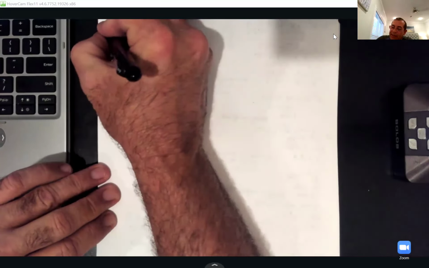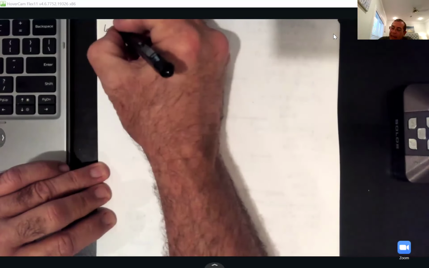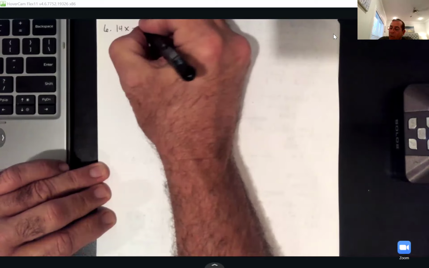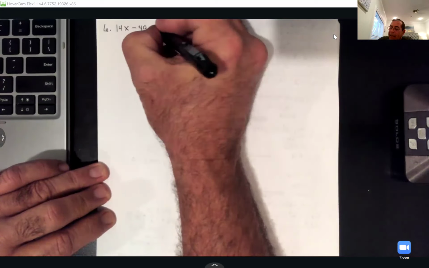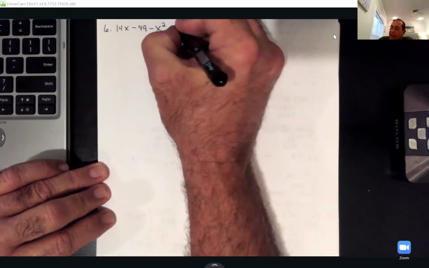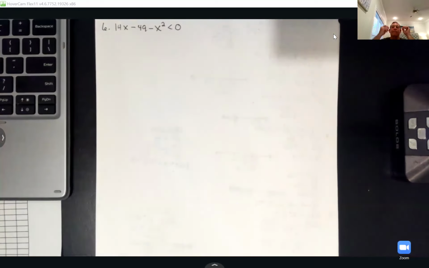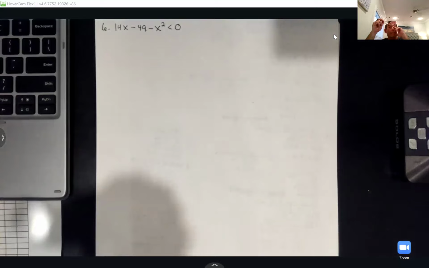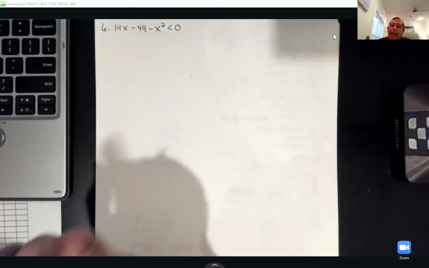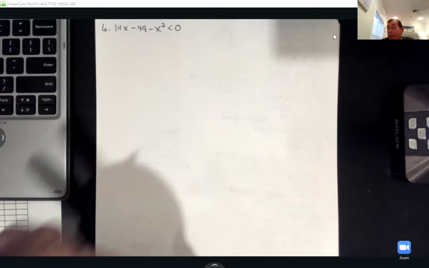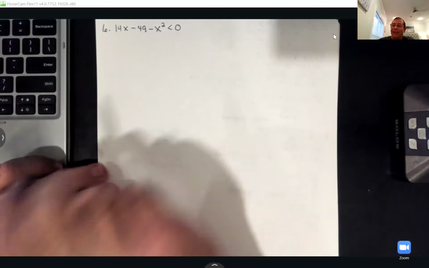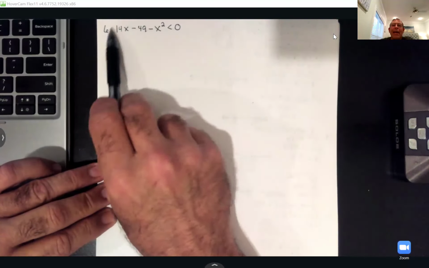So number 6, they got a 14x minus 49 minus x squared is less than 0. So y'all, before I try to factor that, there's one thing I would do to this. Well, probably 2 things I would do first. First thing, I don't like that order.